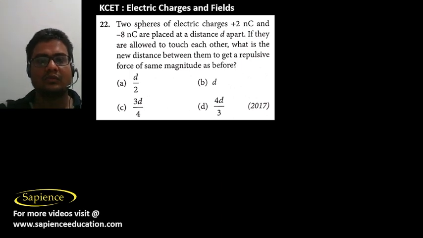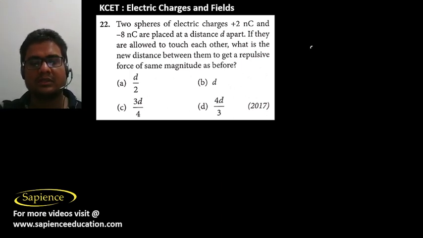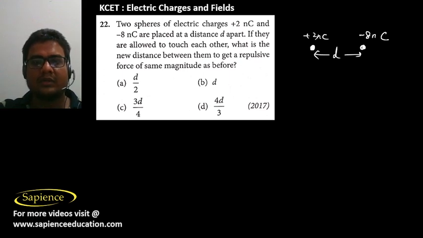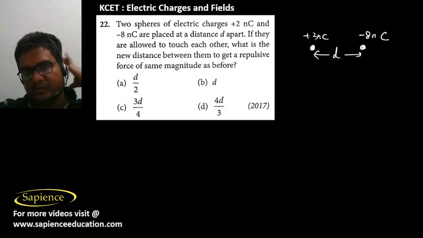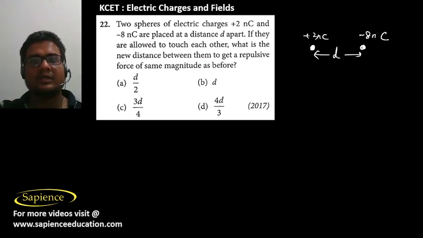Then it is told two spheres of electric charges plus 2 nanocoulomb and minus 8 nanocoulomb are placed at distance d apart. If they are allowed to touch each other, what is the new distance between them for the same repulsive force of same magnitude? If they are touched, then the charges will get redistributed.